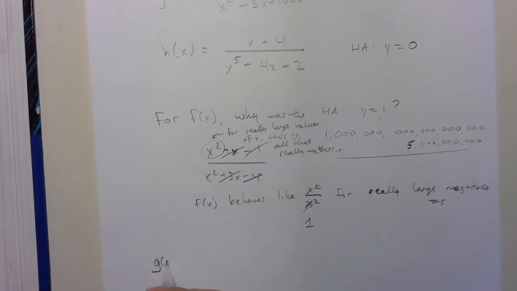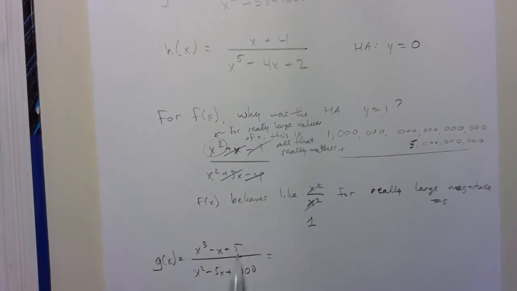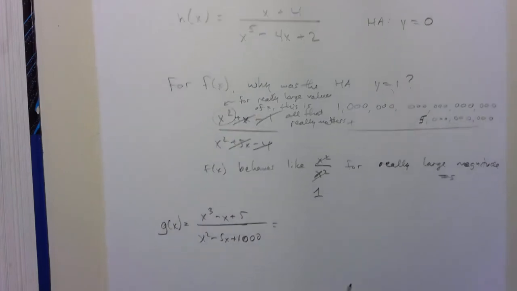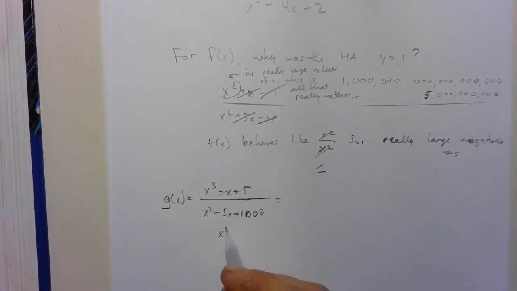If we look at g of x, right? Horizontal asymptotes, they only care about what happens in the very, very end, the end behavior, the very large numbers. So, if we're thinking about what really matters as x is getting larger and larger, what really matters, not 5, not negative x, what really matters is the x cubed.